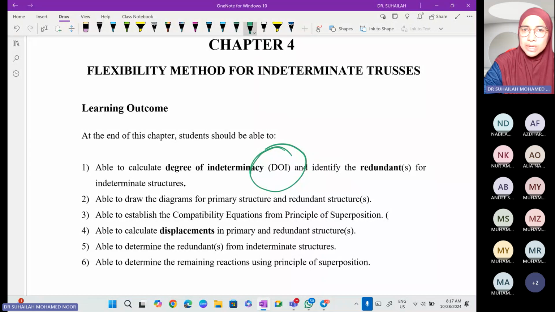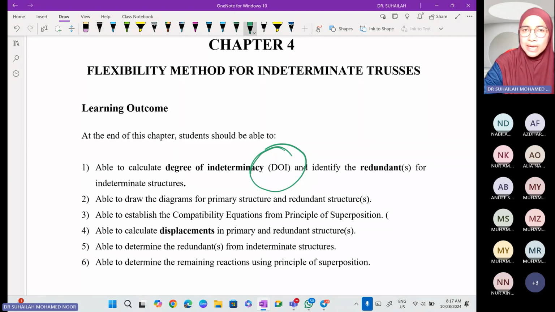So mostly for two or more redundants, because we can have a combination of redundants coming from reactions and redundants coming from member forces in the system. Okay, so as usual, the DOI is step number 1, and then we have to choose the redundant. From the redundant chosen, at this stage, we should be able to write the principle of superposition, the general equation: actual truss is equal to primary truss plus redundant truss.